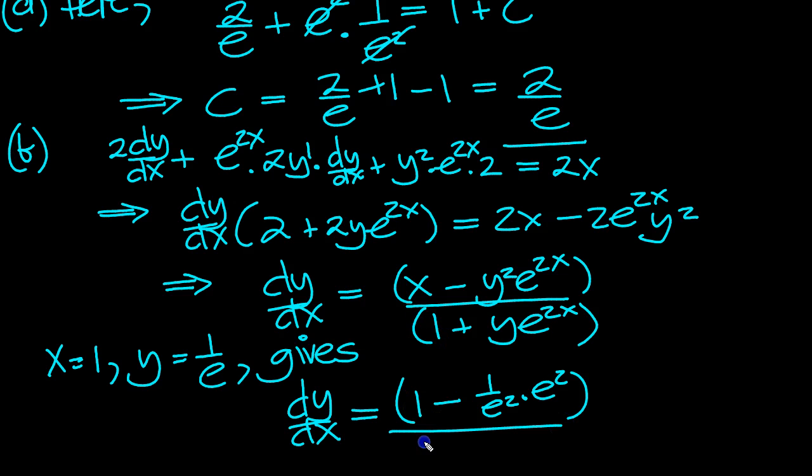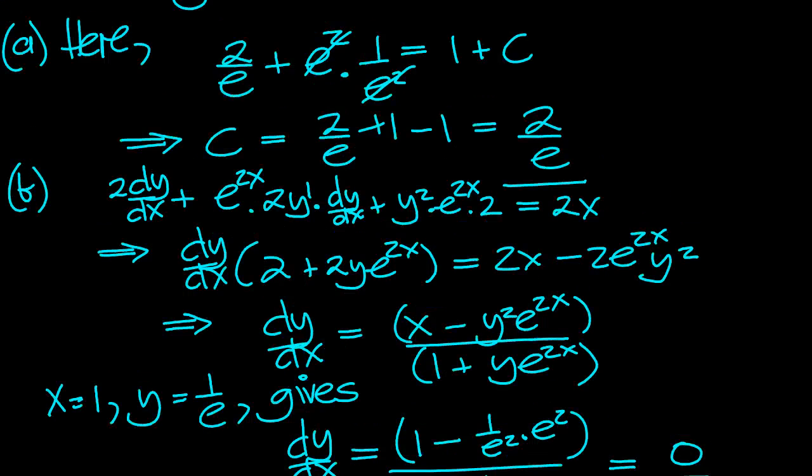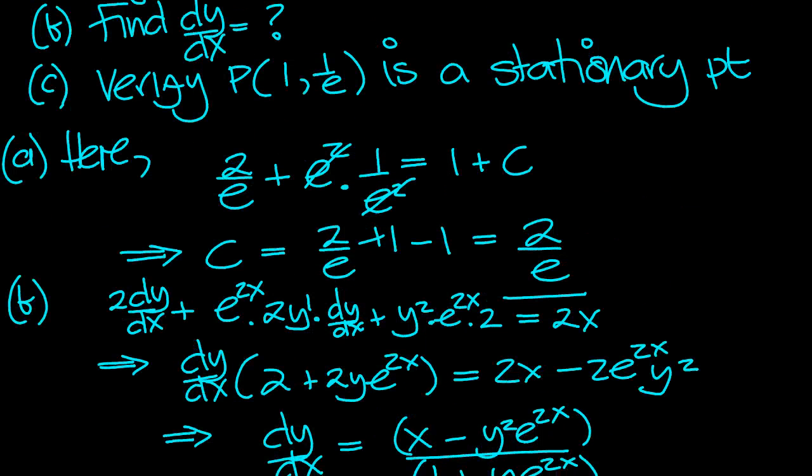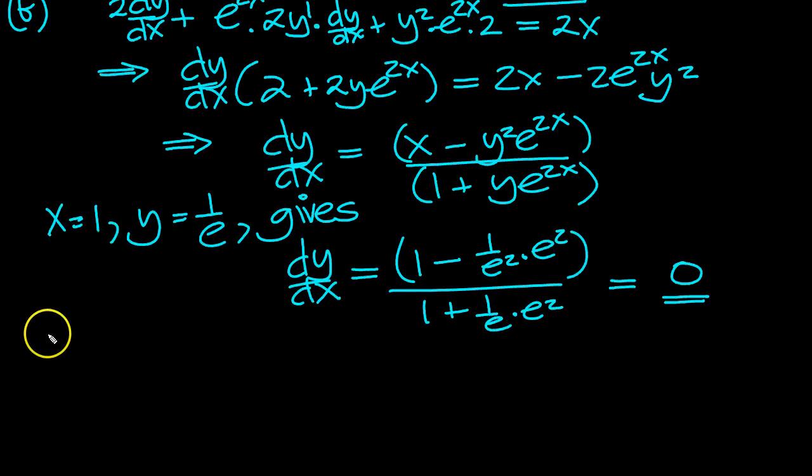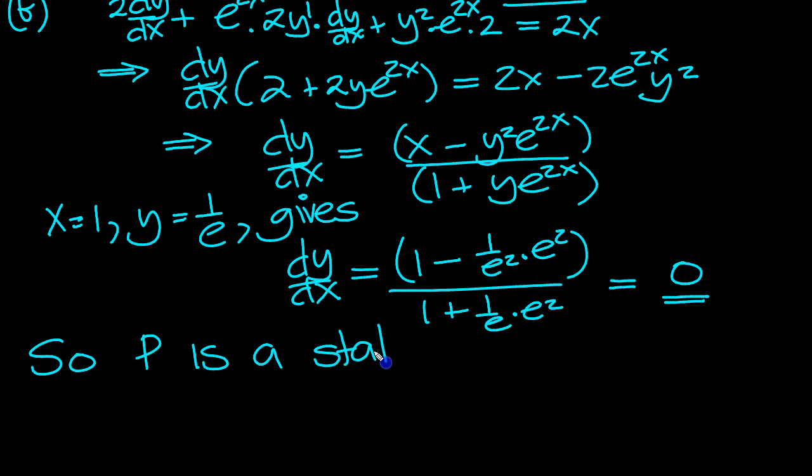Let's see what we get on the bottom. It's 1 plus y, which is 1 over e, times e to the 2x, which is e squared. The top one equals 0, so it's 0 over something, which is 0, so a turning point. So yes, it is a turning point, a stationary point. So P is a stationary point, a point where dy/dx is 0.